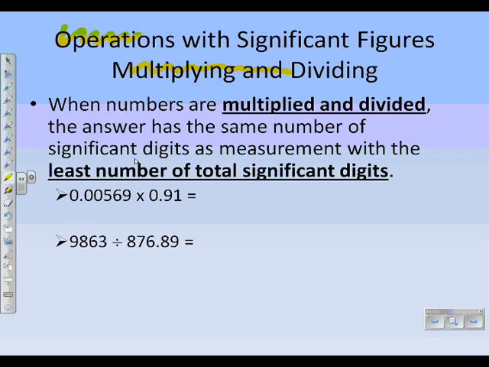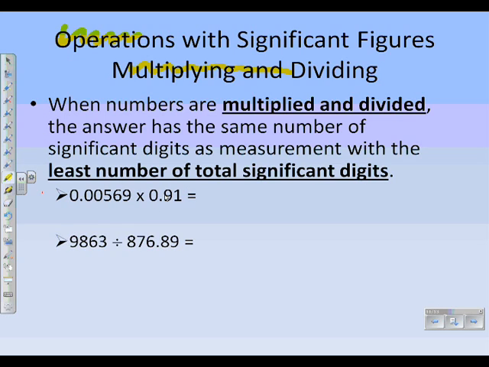If we look at these two problems, hopefully you're able to identify that this number contains 3 significant digits. This number contains 3 significant digits.